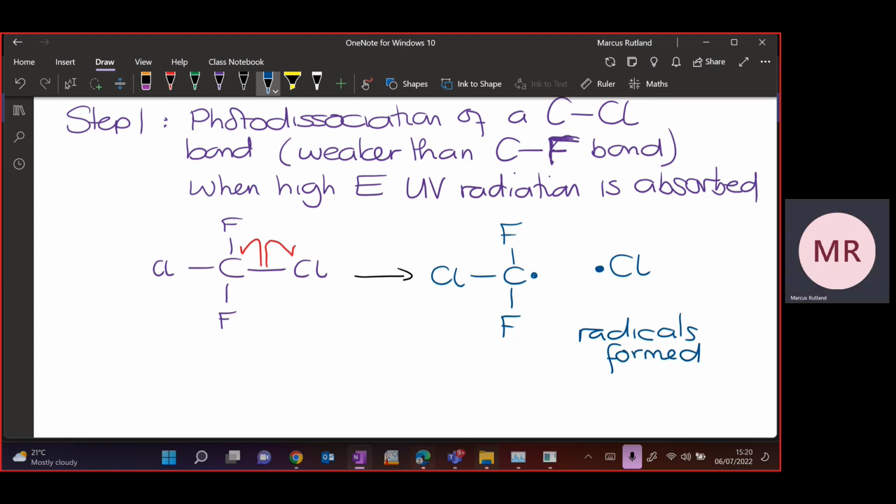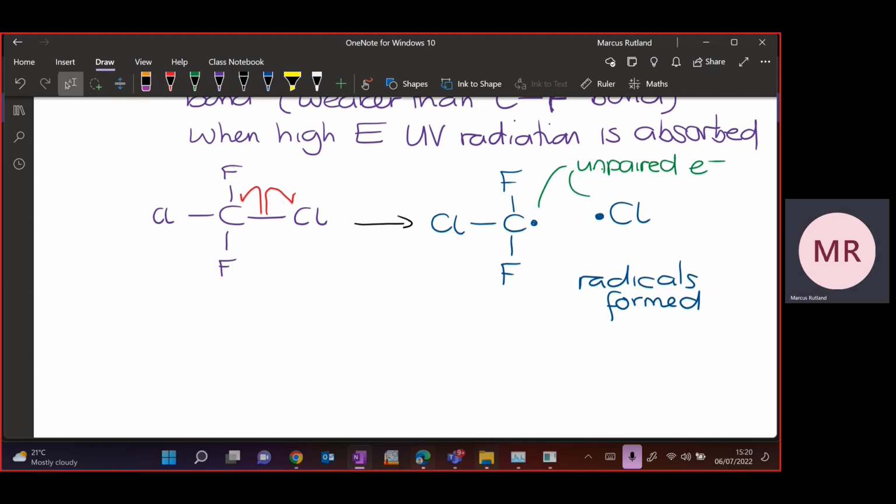So radicals are formed. What's the definition of a radical? Species with an unpaired electron. So each of these have unpaired electrons. And remember, radicals are very reactive. Okay, what type of bond breaking is involved here? It's a photodissociation reaction. Do you remember the vocab?